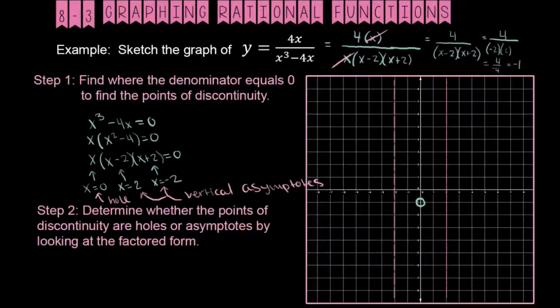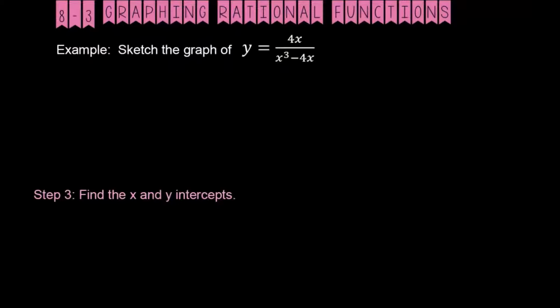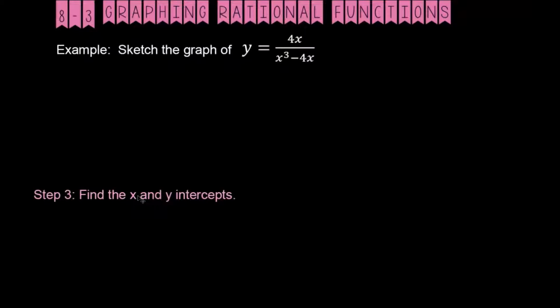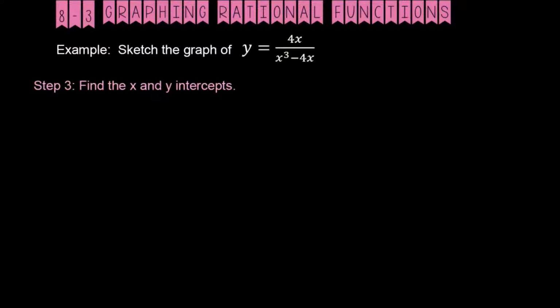All right. So for step number 3, we want to find the x and y intercepts. To find my y-intercept, I'm going to let x equal 0.